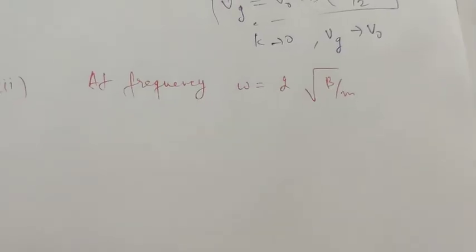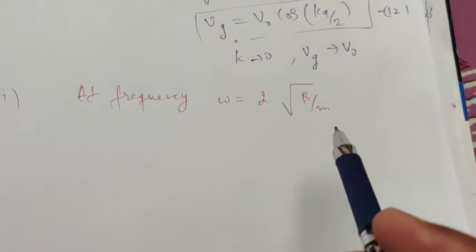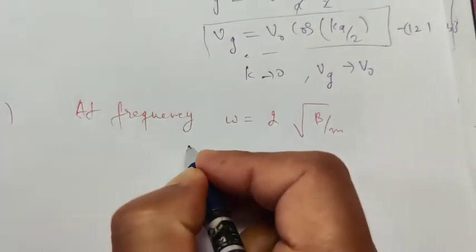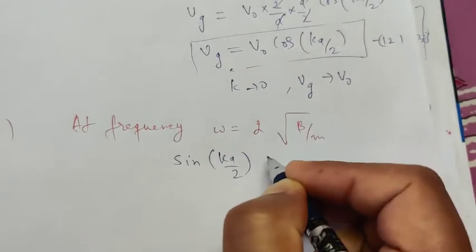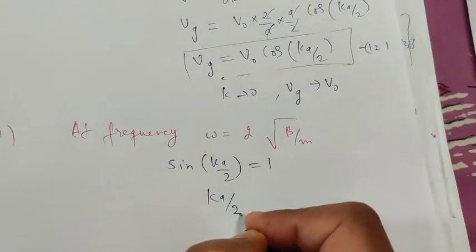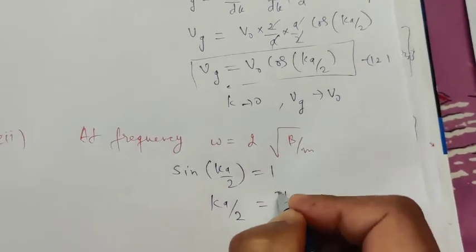So now at the resonance frequency, this omega is equal to under root beta upon A. So therefore, this is the maximum angular frequency. So for maximum, the maximum value of sine ka is equal to 1. So therefore, ka upon 2 is equal to sine inverse 1, which is pi by 2.